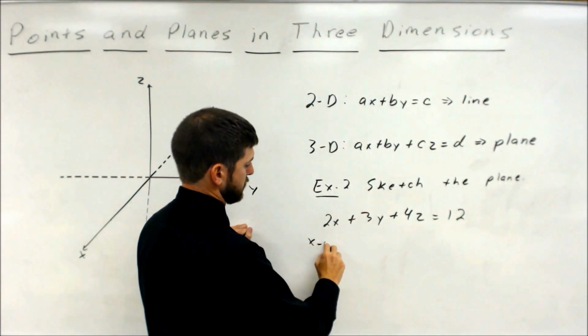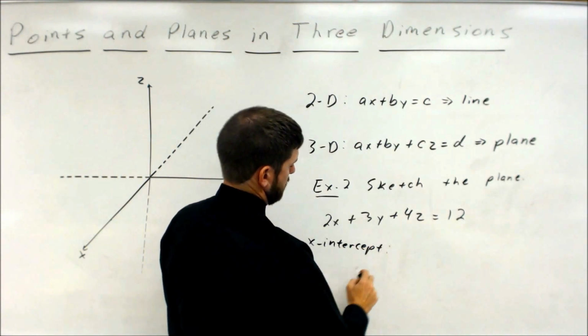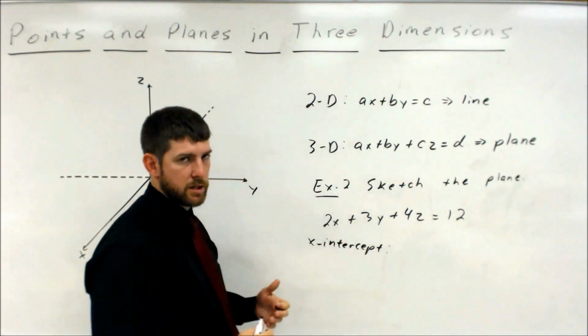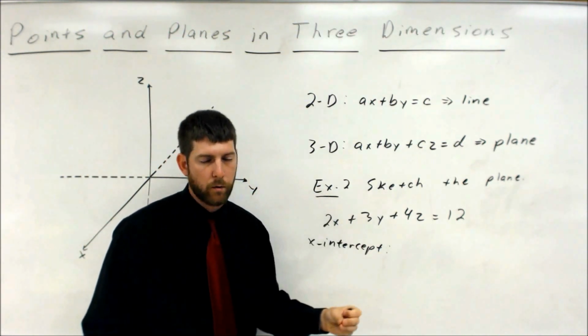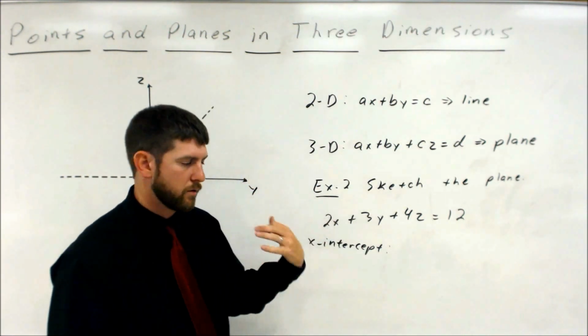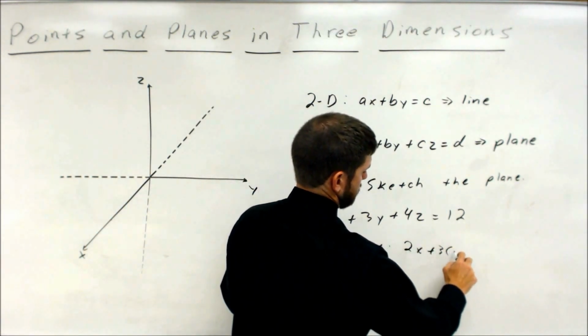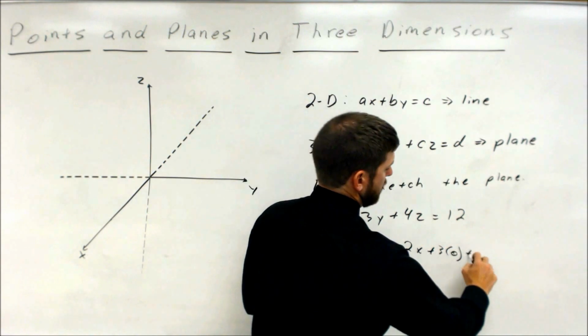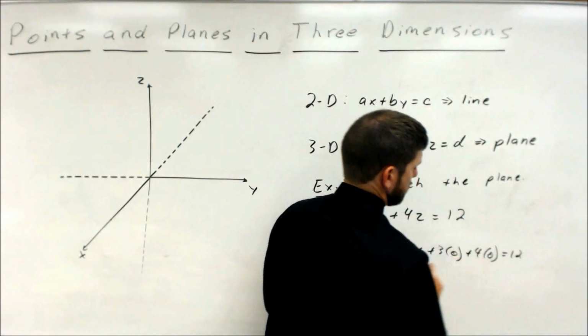So to find the x-intercept, I'm going to take my y's because the x-intercept is where I am on the x-axis. I have no y value, no z value on the x-axis. So I just take 2x plus 3 times no y's, 4 times no z's, set it equal to 12.